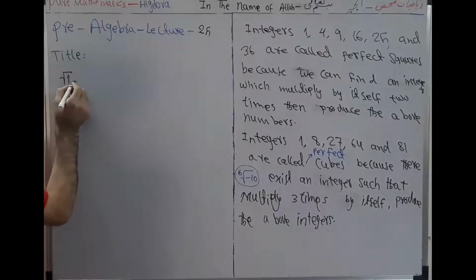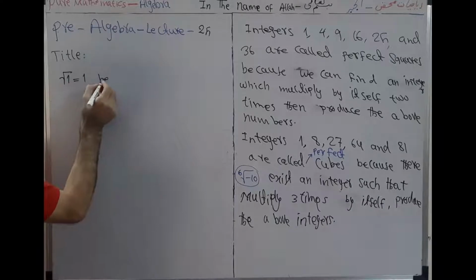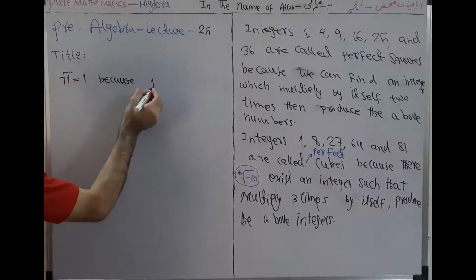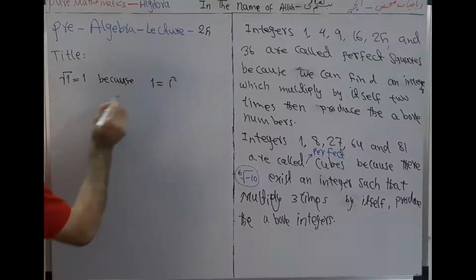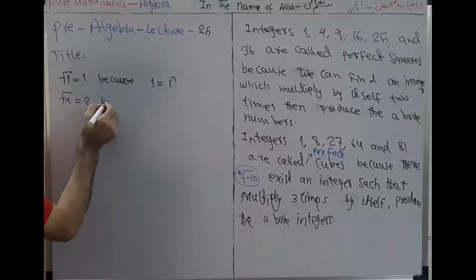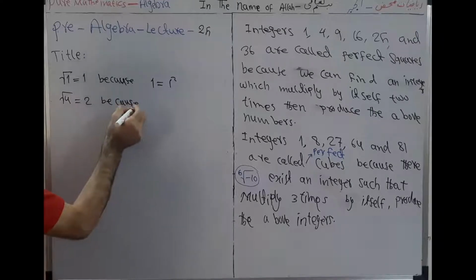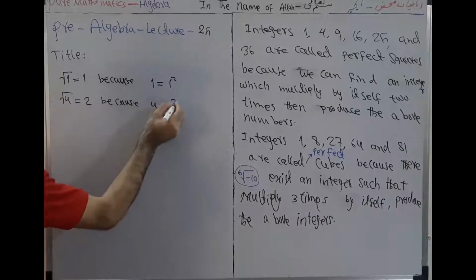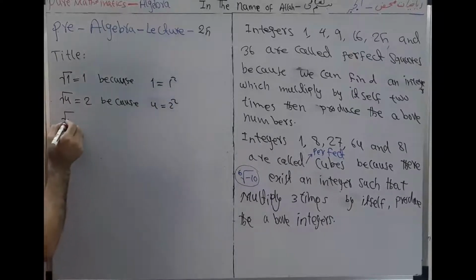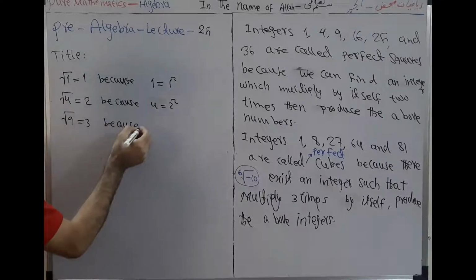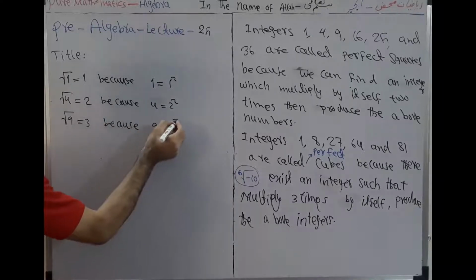The square root of 1 is equal to 1 because 1 is equal to 1 squared. The square root of 4 is equal to 2 because 4 is equal to 2 squared. The square root of 9 is equal to 3 because 9 is equal to 3 squared.